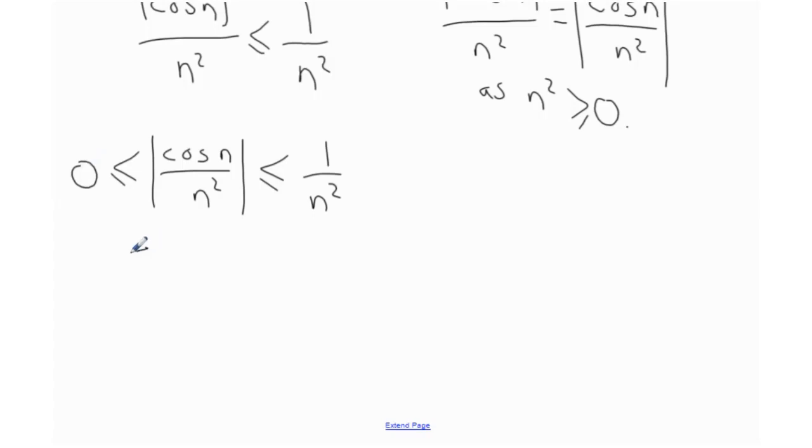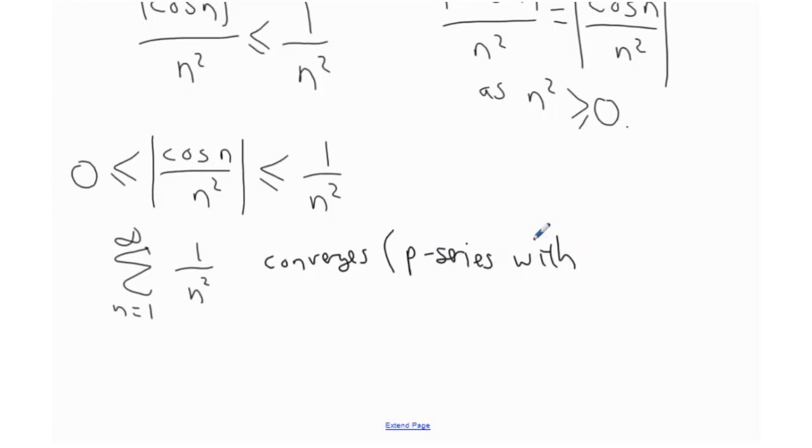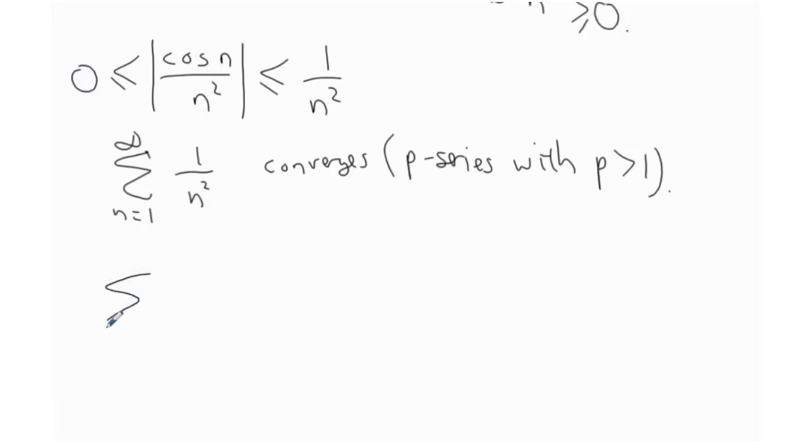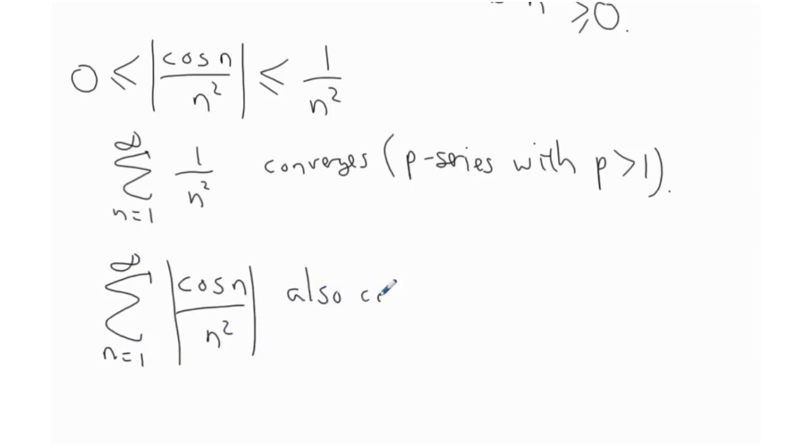We're going to look at the series from n equals 1 to infinity of 1 over n squared. And we know this converges because it is a p series with p greater than 1. So if that series converges, the series from n equals 1 to infinity of the absolute value of cos n over n squared must also converge.